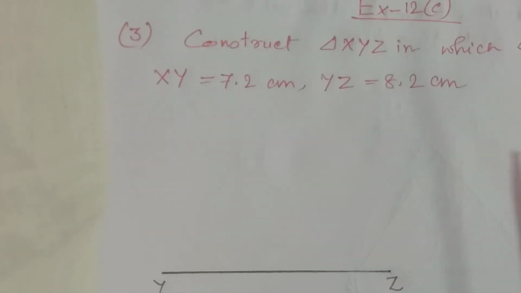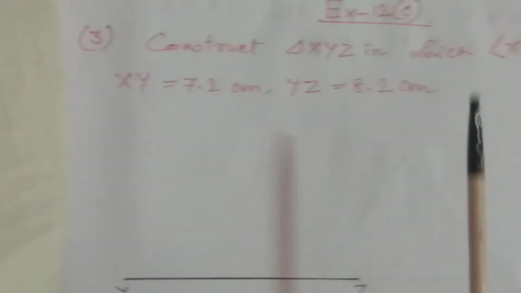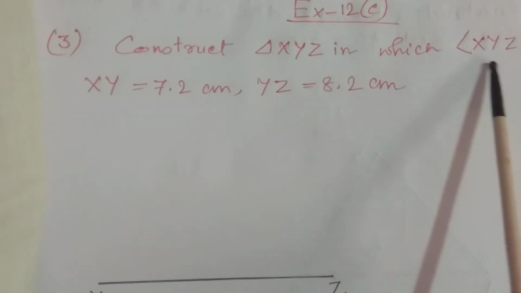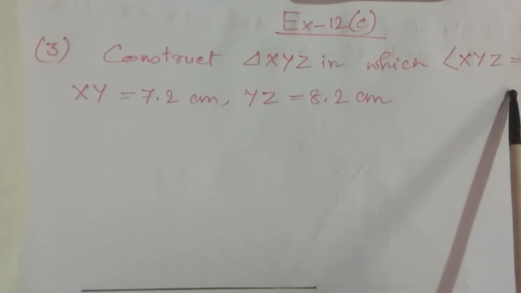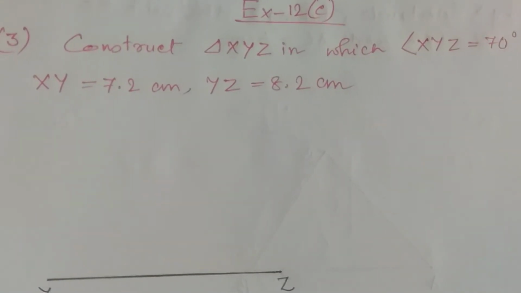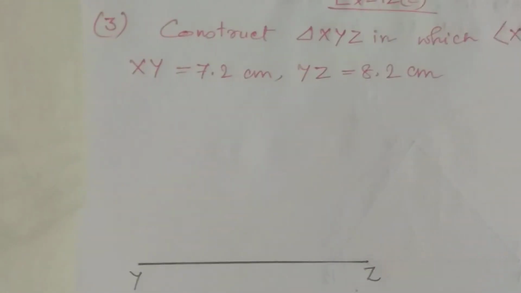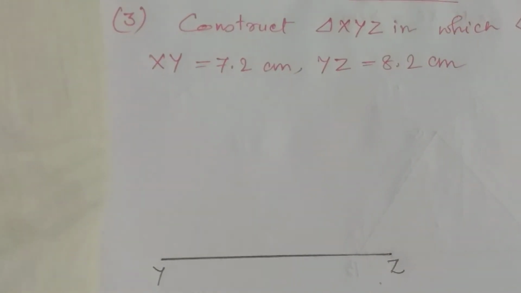Now we need to draw an angle at Y because in the question angle XYZ is given as 70 degree. So we need to draw at Y an angle of 70 degree using protractor.